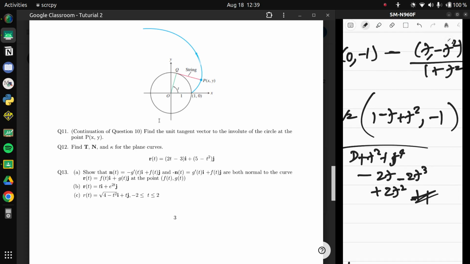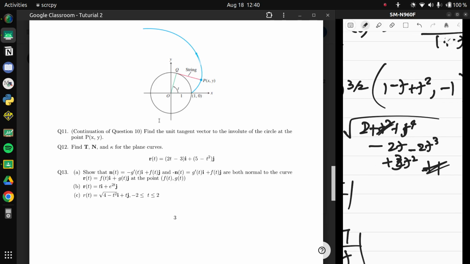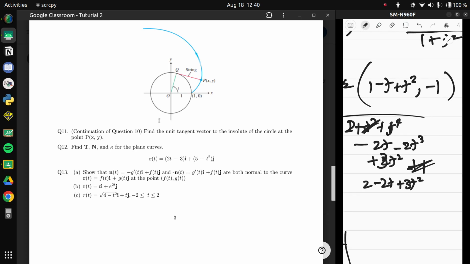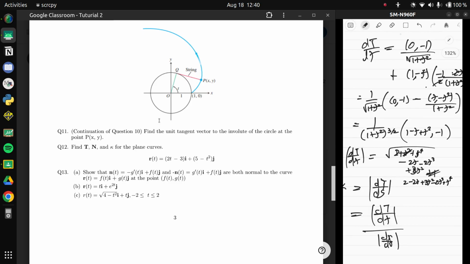This becomes 2 over there. I hope something gets cancelled. Okay, this becomes 3. t power 4 stays, so just something like 2 minus 2t plus 3t square minus 2t cubed plus t power 4. Right.